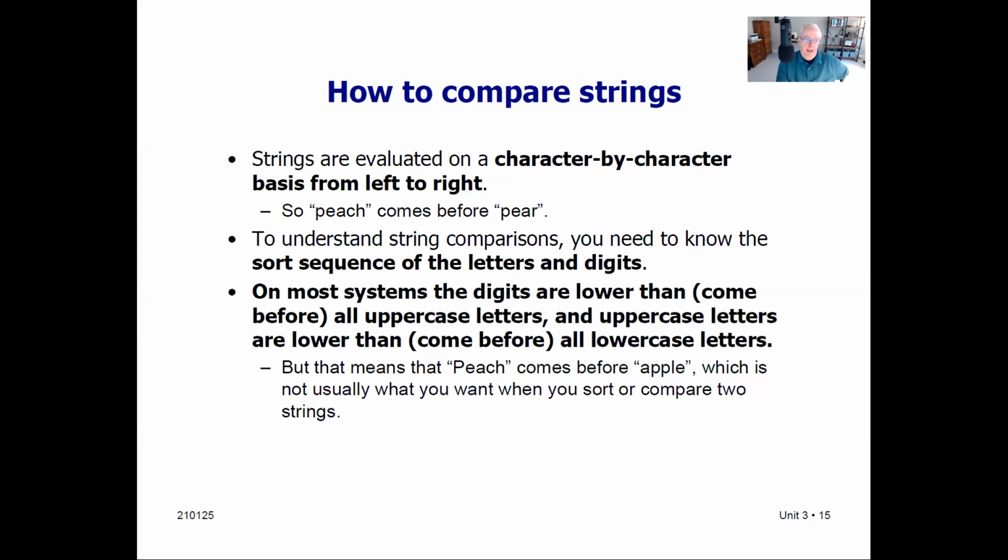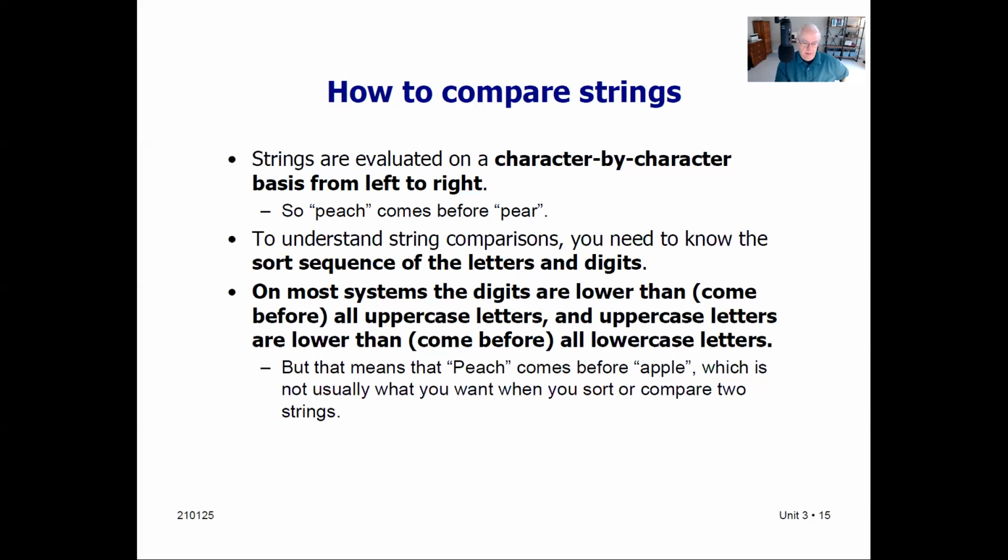If you remember that, you'll understand why lowercase peach, P-E-A-C-H, comes before pear, P-E-A-R. Because going character to character, left to right, they are all lowercase, so we don't have that problem. But at the fourth character, C is lower than R. So peach will come before pear.